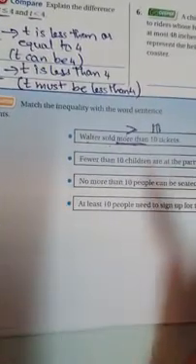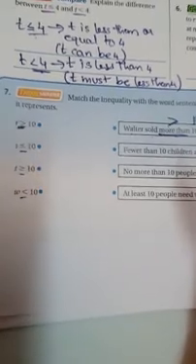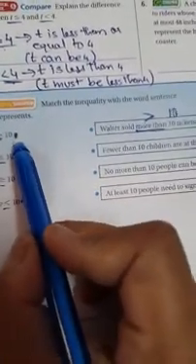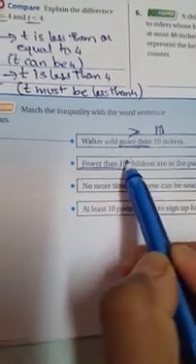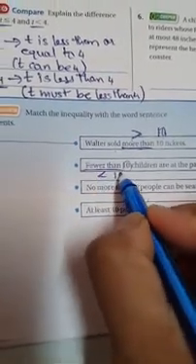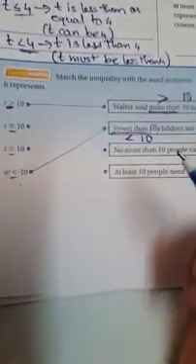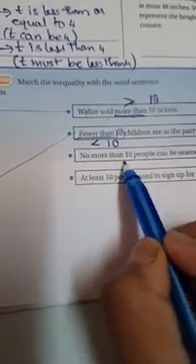Which inequality is showing us more than 10 here? This one, right? So more than 10 tickets. Fewer than 10 children. So fewer than means less than 10 children. So which inequality has less than 10? This one, right?